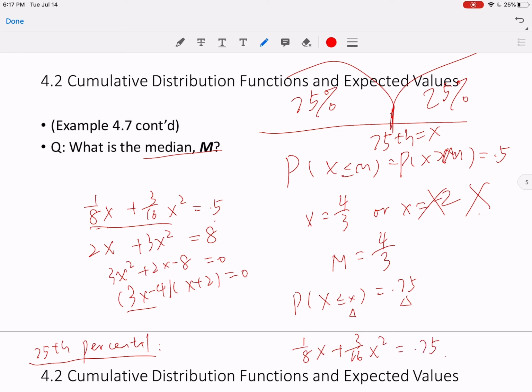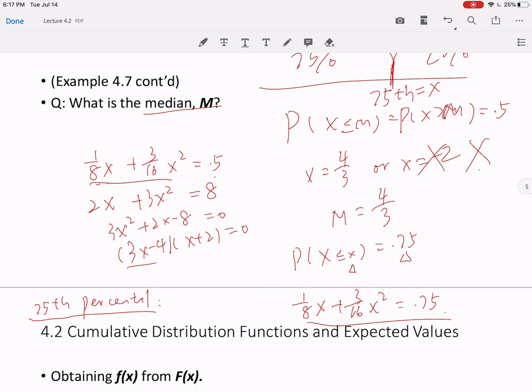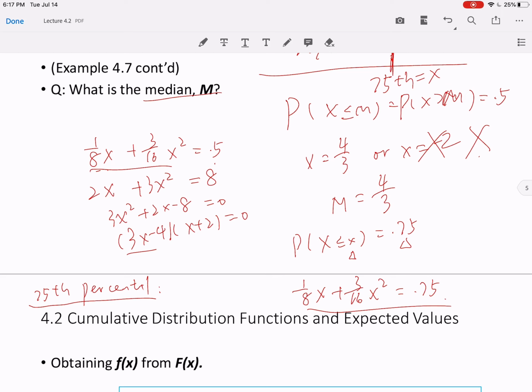I leave the calculation here for you guys because I just came up with the idea when I was recording this video, and I didn't do the calculations in advance. I just want to show you the idea here. Whether you want to find the median or a percentile, just think of the idea of a CDF.